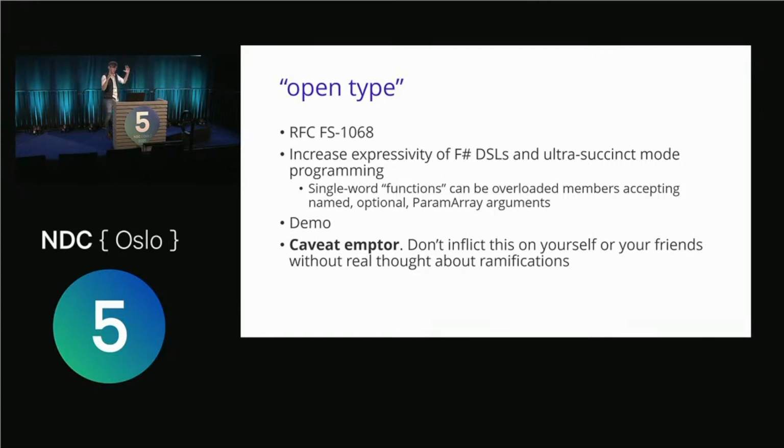And so you get this ultra-succinct mode of programming. So now these single word functions can actually also take named, optional, parameter array arguments. Okay, it does increase the expressivity of what you can do in embedded DSLs. But that comes with a lot of downsides.